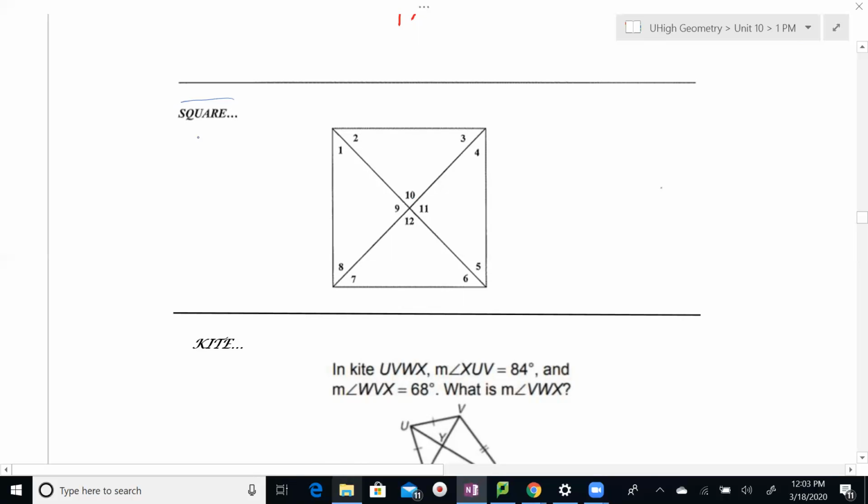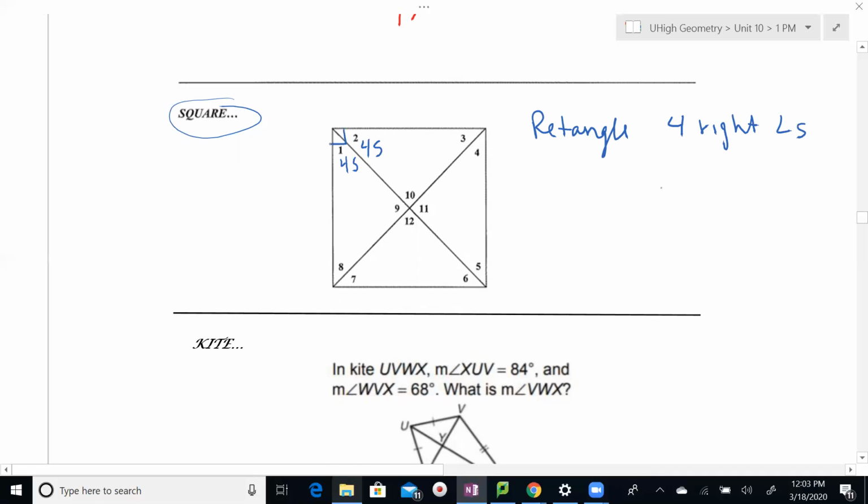A square. So a square is nice because we know that it has all of these properties. We know that opposite angles are bisected. We know that the diagonals are perpendicular. And we know that we have 4 right angles. So I can actually know that all of my outside angles are 45 degrees because, since it's a rectangle, I have 4 right angles.